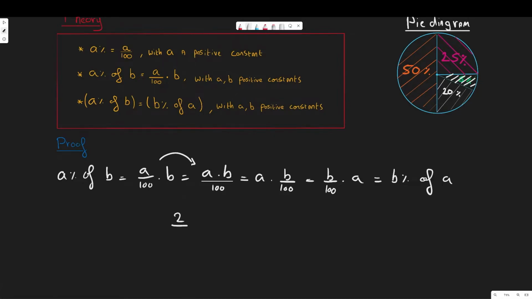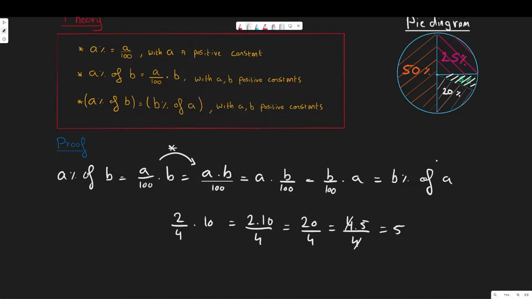For example, 2 over 4 times 10, which is the same as 1/2 times 10, which is 5. Well, according to this step right here, we can say that this is equal to 2 times 10 over 4, which is 20 over 4, and 20 can be written as 4 times 5 over 4, so the 4 will cancel and we'll get 5.